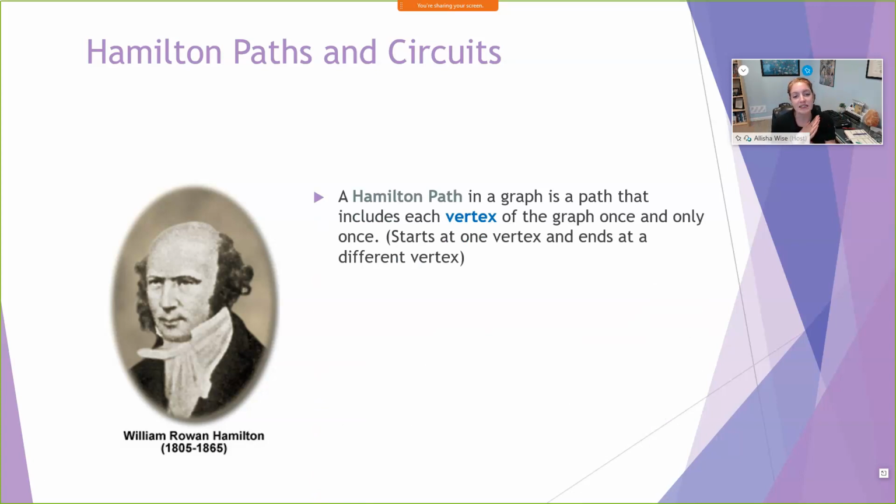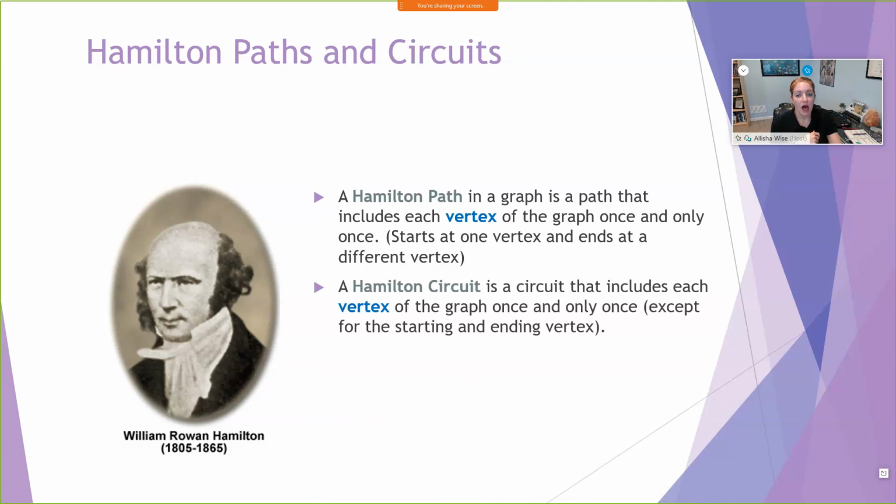So a Hamilton path is a path that starts at one point, ends at another, and includes each vertex. Euler was every edge; Hamilton is going to be every vertex instead. A Hamilton circuit, same idea: you're visiting every vertex, but you come back to that original vertex.